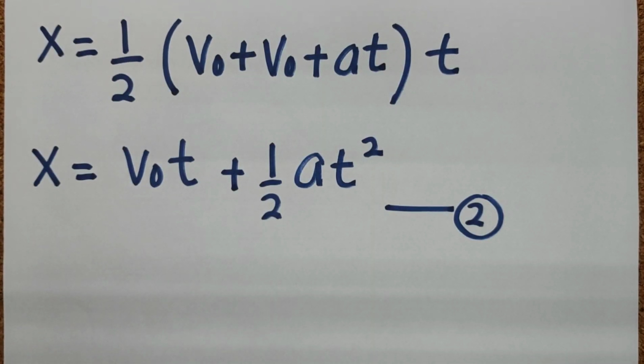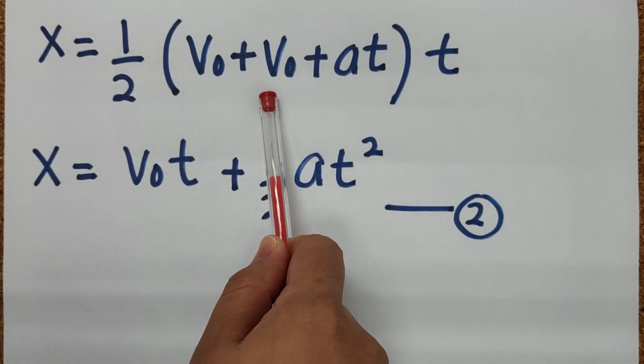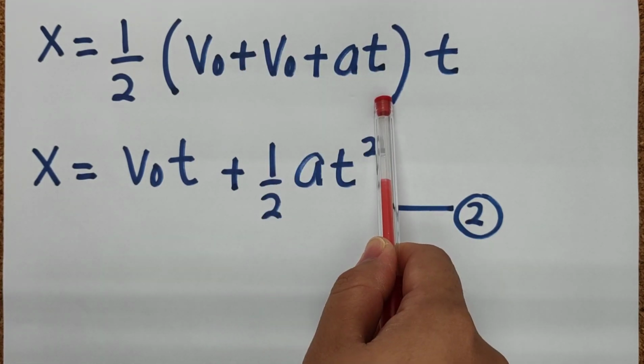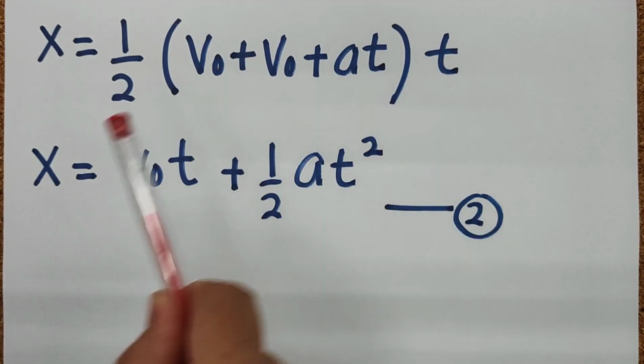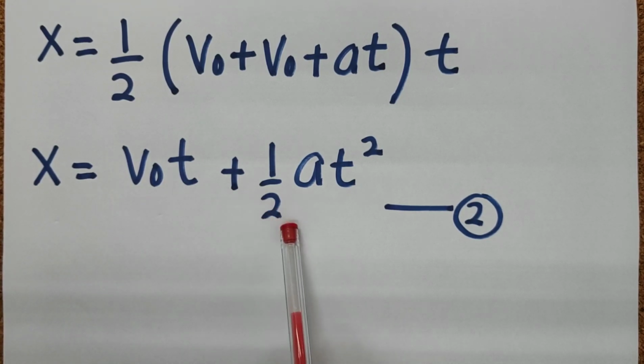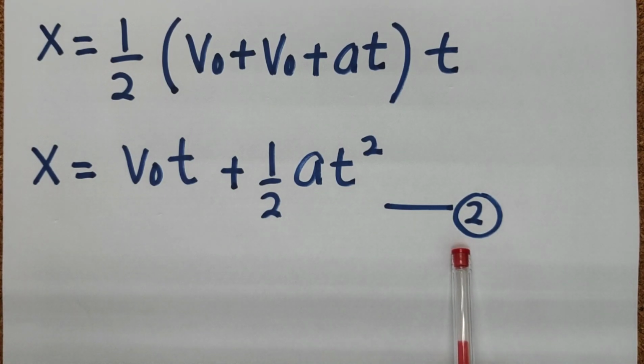Then we substitute the first kinematic equation into this equation, and it becomes x equals half of v naught plus v naught plus at, multiplied by t. And finally, it becomes x equals v naught t plus half at squared. So this equation is our second kinematic equation.